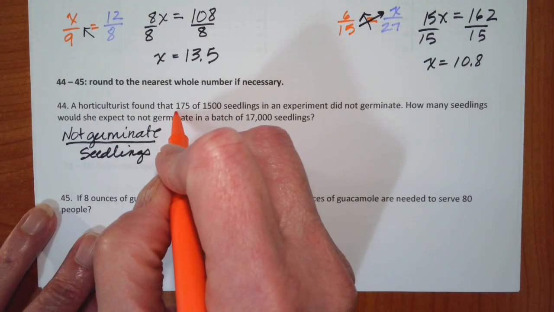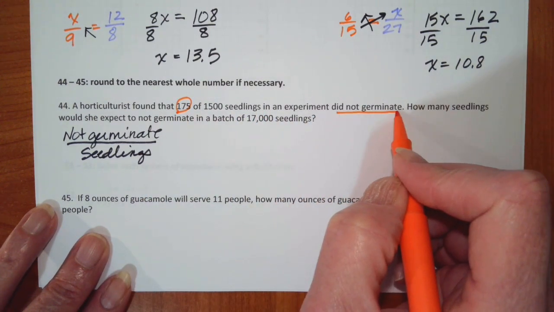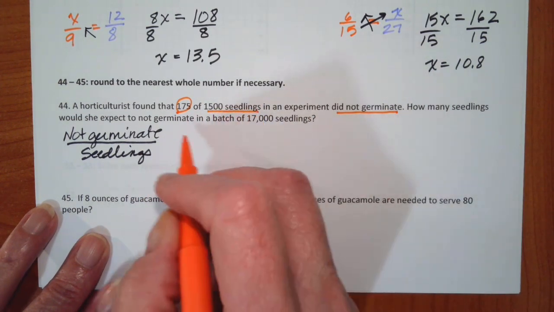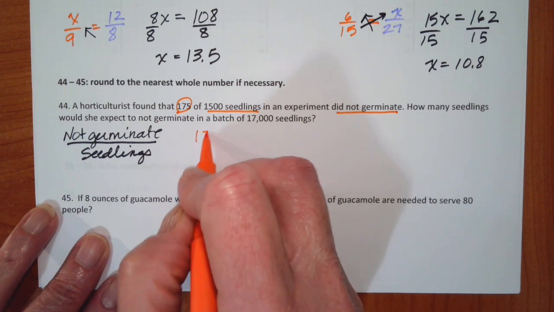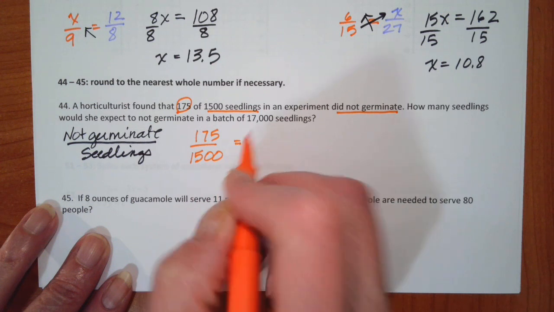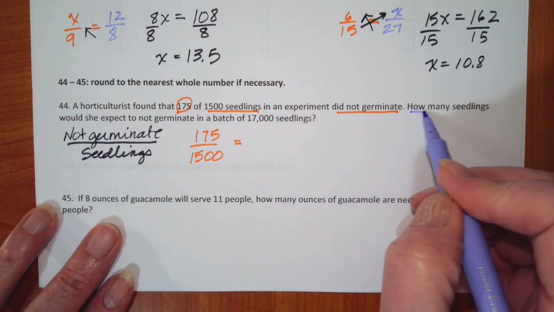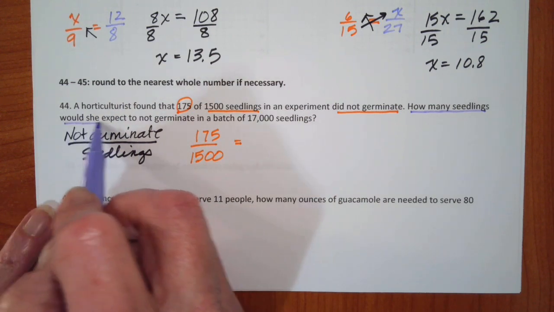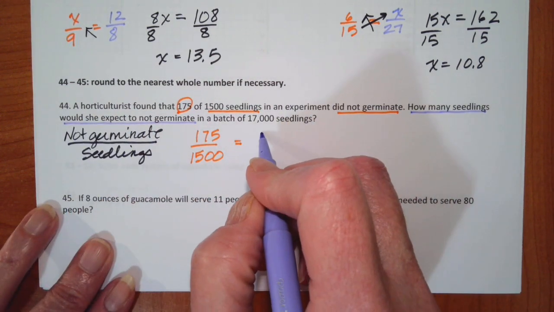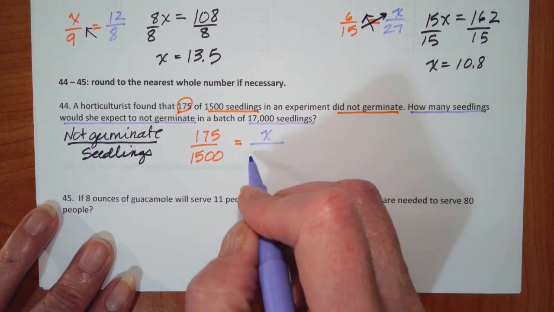Well, I know that 175 did not germinate out of 1,500 seedlings. So 175 over 1,500. Okay, so they want to know how many seedlings would not germinate, so that's going to be my x, out of a batch of 17,000.